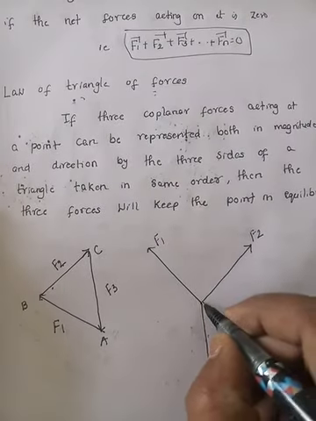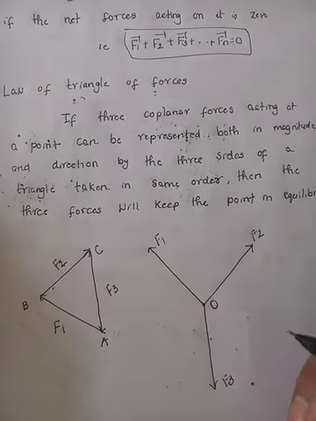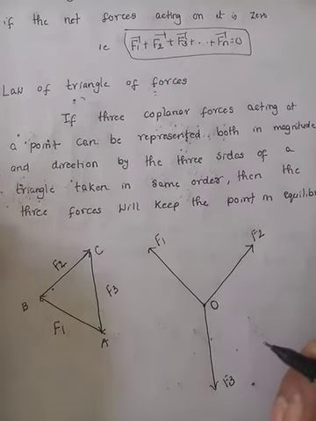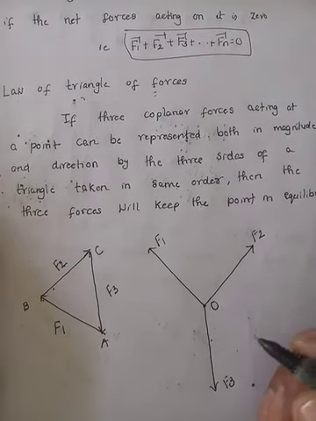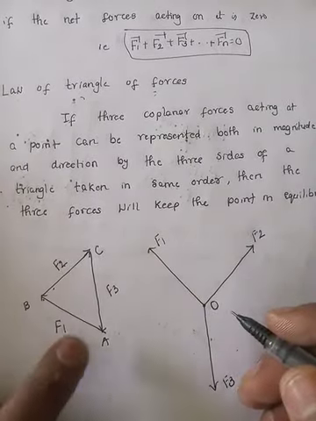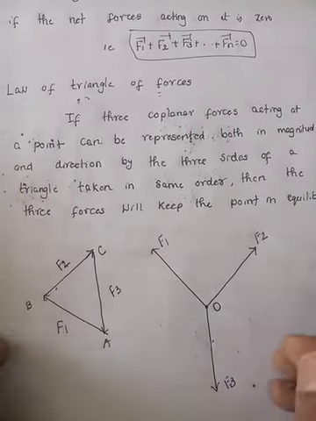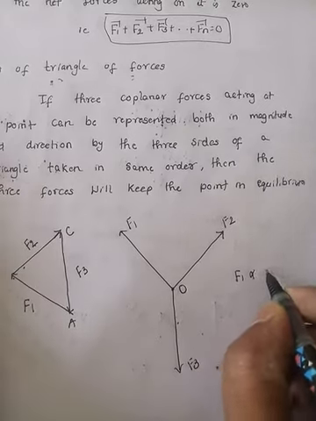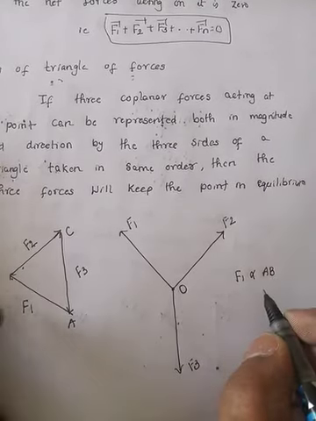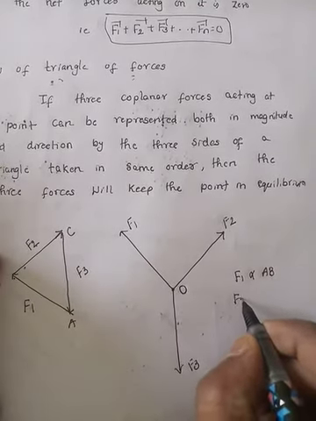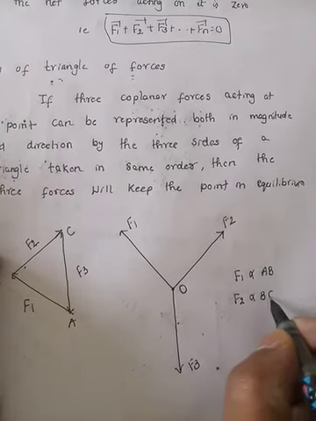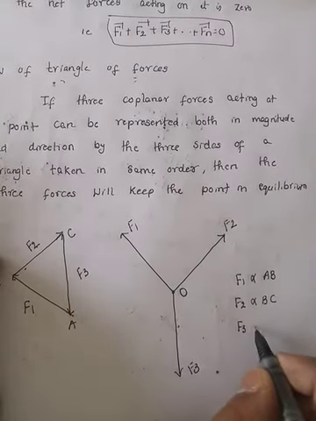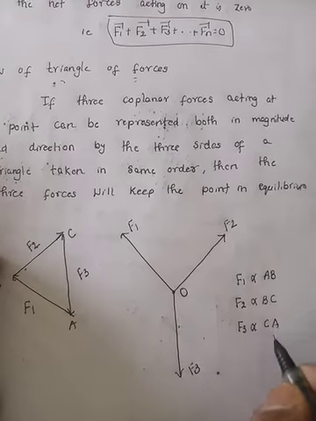So let us assume that three forces are acting at a point O. F1 is directly proportional to the distance. What is the distance here? F1 is directly proportional to AB. Similarly, F2 is directly proportional to BC. F3 is directly proportional to CA.